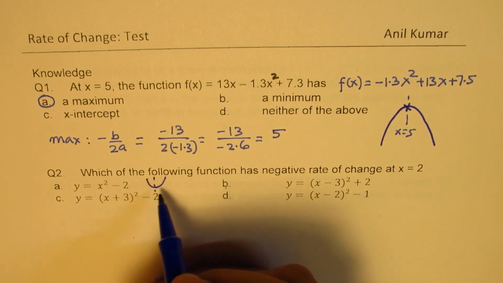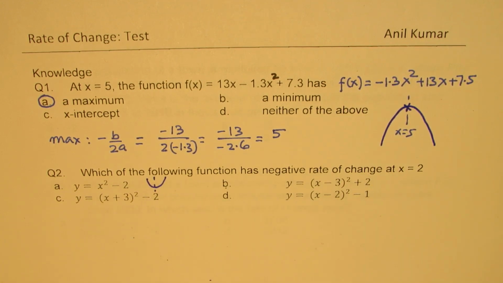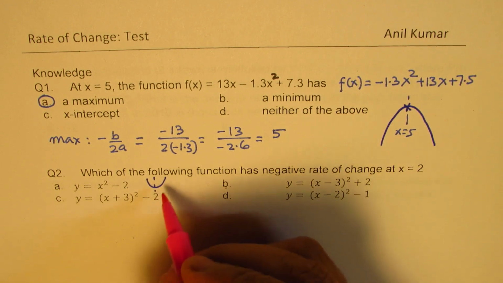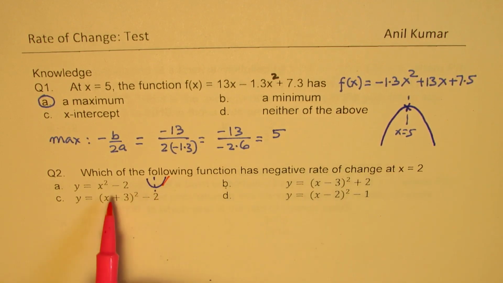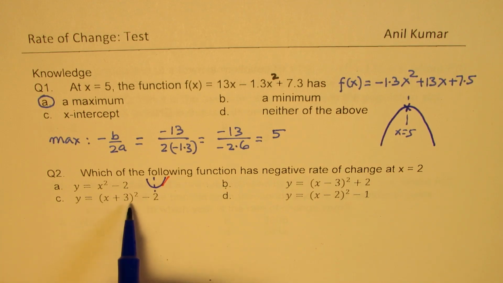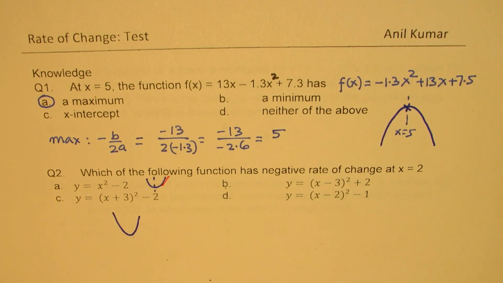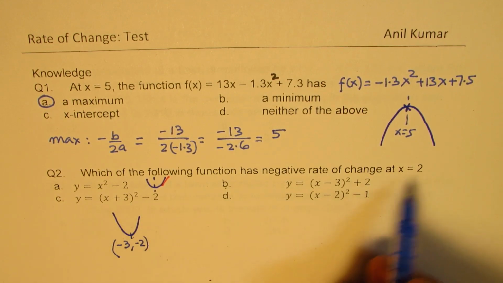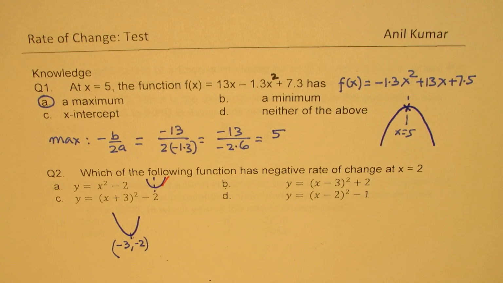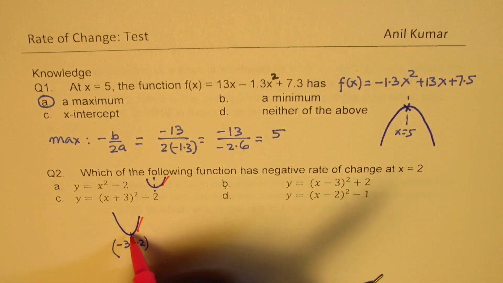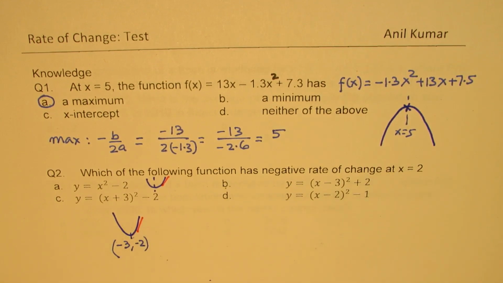Now at 2, the slope will be positive since 2 will be on the right side, so not negative. Now the second one again opens upwards, and here the vertex is at minus 3 and minus 2. Now since 2 is on the right side, it is a positive slope, so that is not right.